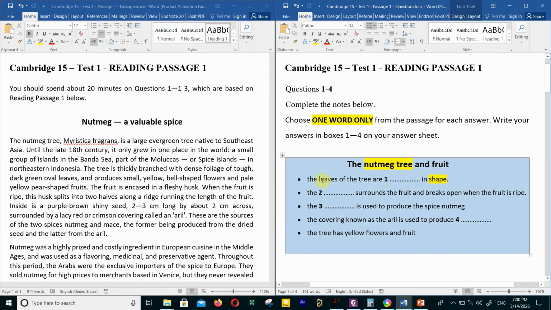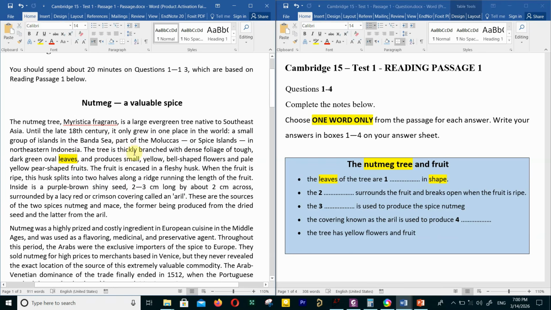It's talking about the shape of the leaves of the tree, especially leaves. So I'm going to move my eyes quickly to find where I can find something relating to the leaves or a shape of leaves. Here, this is leaves. And okay, so the tree is thickly branched.